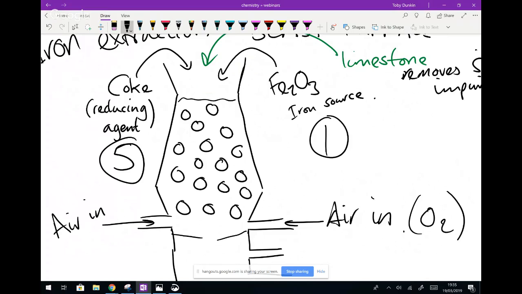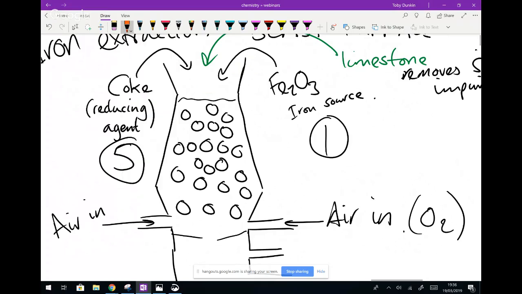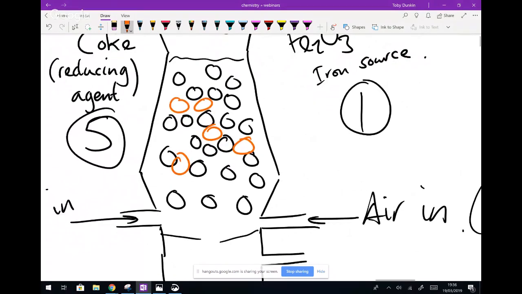If I was to draw these, I've no idea how many I've done there: 4, 5, 10, 16, and it's about 20. And then for every one of those, I'm only going to include 1, 2, 3, 4, 5 rust, which is browny red. So we've got loads and loads of carbon and a very small amount of iron oxide.